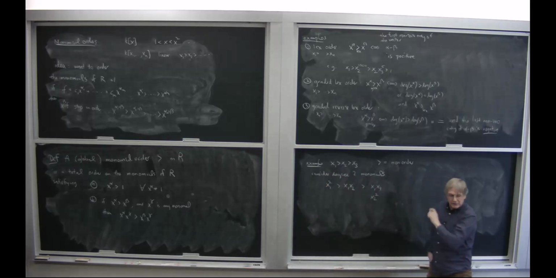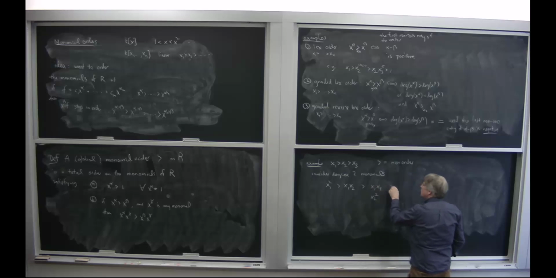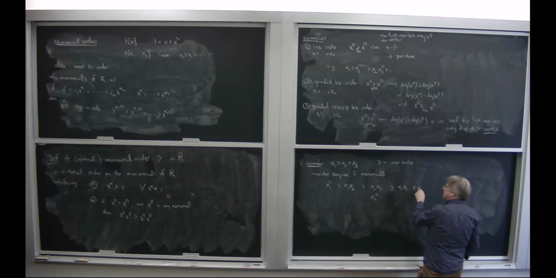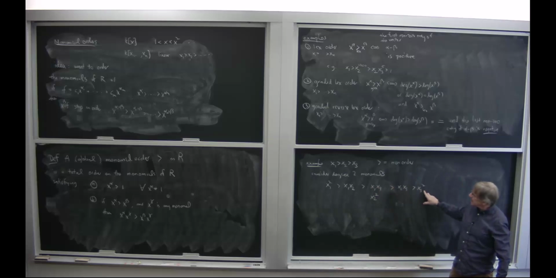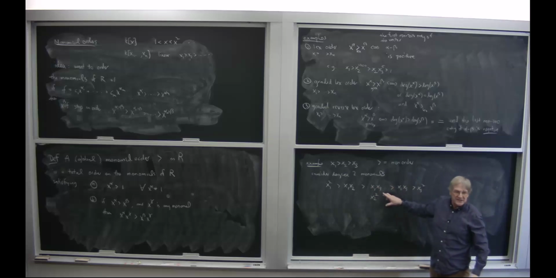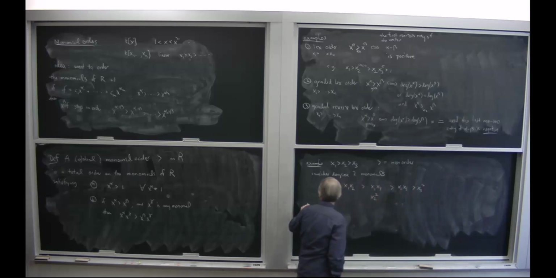It doesn't tell me which one of these two I have, but then both of these are going to be greater than x2 x3, and that's going to be greater than x3 squared. So on these 6 monomials, there's only 2 possible monomial orders that differentiate these two things: whether this one is before that or that one is before this. It has to be a total order.